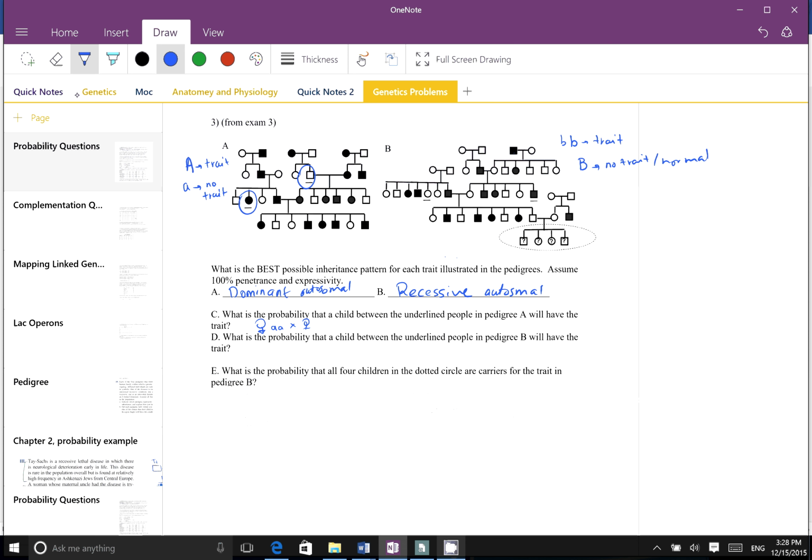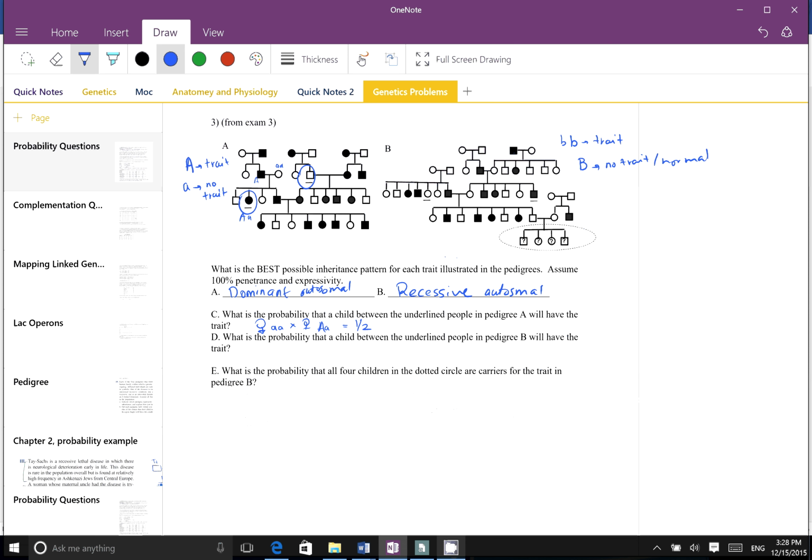Looking at her parents, her dad had it, and so he gave a copy to his daughter, and her mom had both lowercase a's, and she gave that copy to her daughter. So I know that her genotype looks like this. So I have het times homozygote, so it's 1/2.